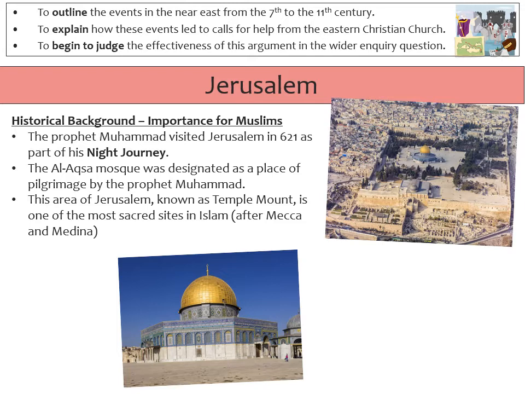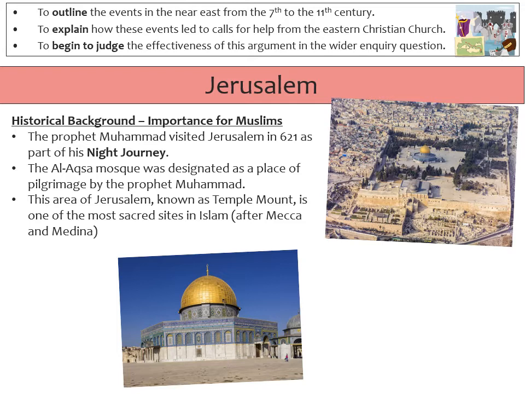The Prophet Muhammad visited Jerusalem as part of his night journey, and if you are interested in that, it's a really important moment that Muslims celebrate, where Muhammad travelled from Mecca and Medina to Jerusalem and prayed with people who were in Jerusalem at that time. And that mosque, or that place where he had those prayers, was commissioned and built afterwards.